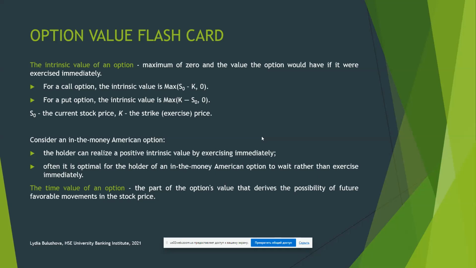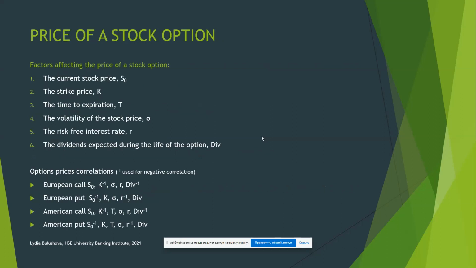So that's the core. We'd like to see how the time value of an option evolves. This question is crucial for any options trader. Like, should I keep the contract or should I exercise the contract?